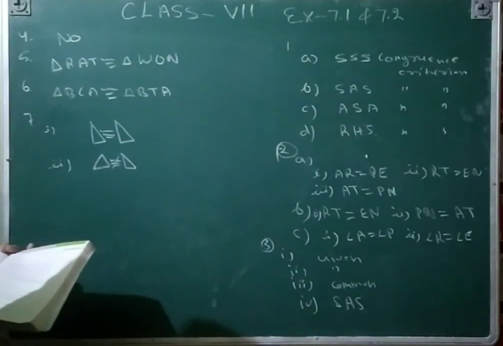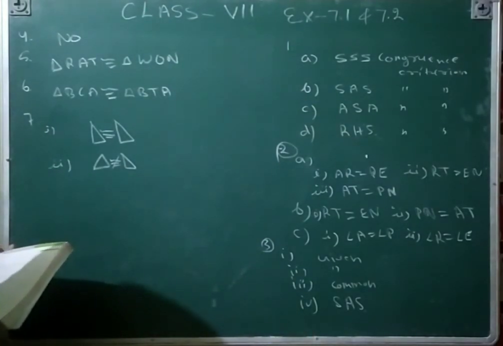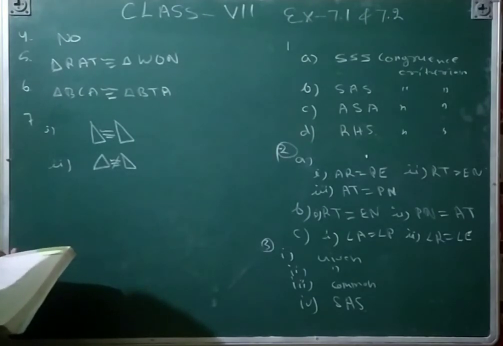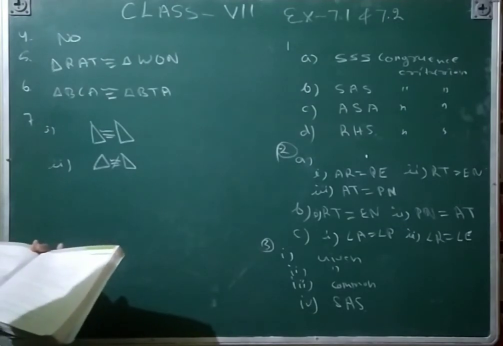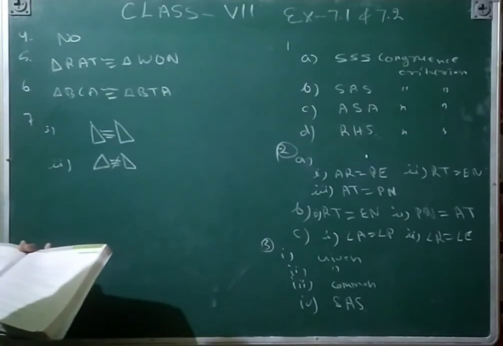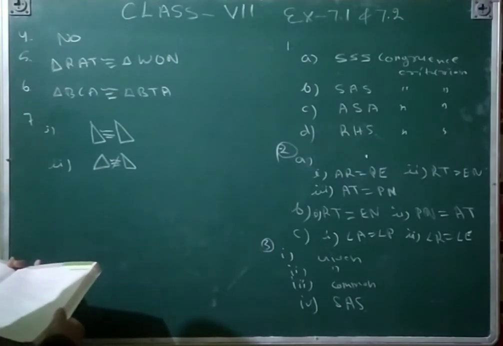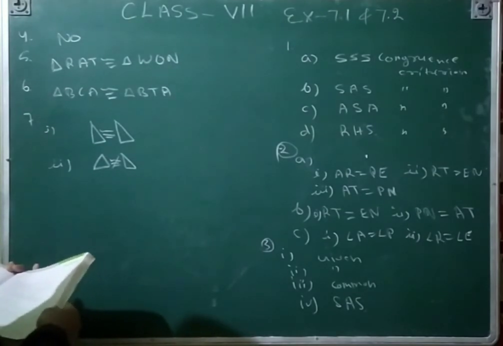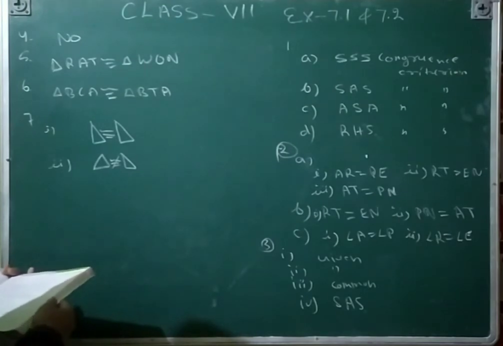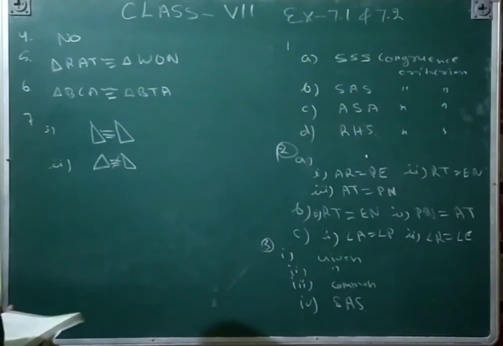Draw a rough sketch of two triangles such that they have 5 pairs of congruent parts, but still the triangles are not congruent.